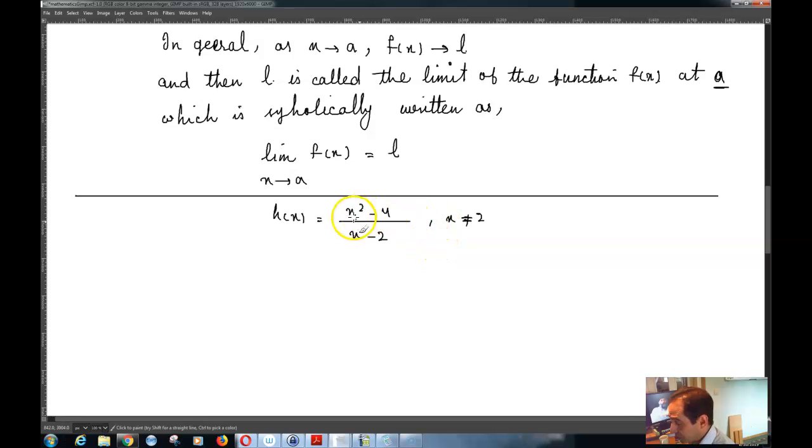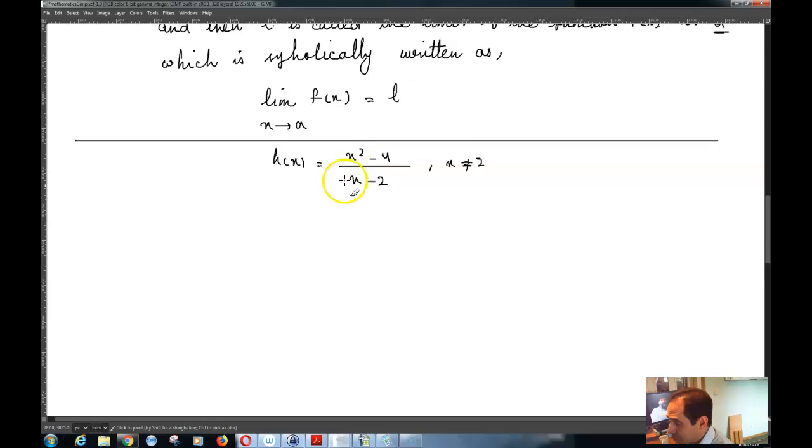so for example, you set the values of x very close to 2, let's say that x is equal to 1.9. Then you would get h of 1.9 is equal to 1.9 squared minus 4 over 1.9 minus 2.